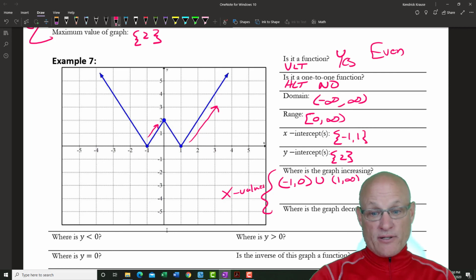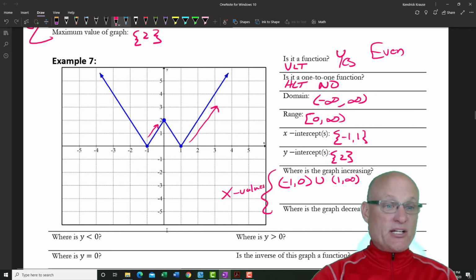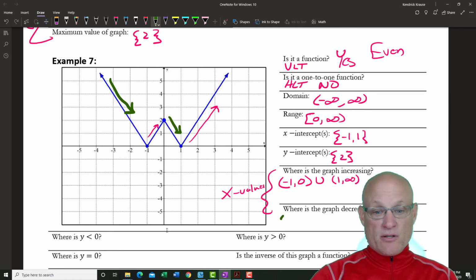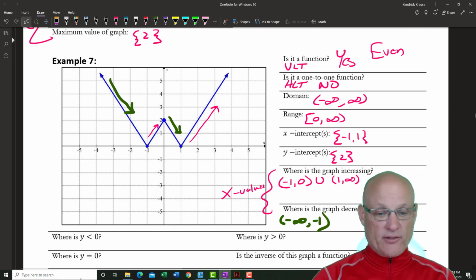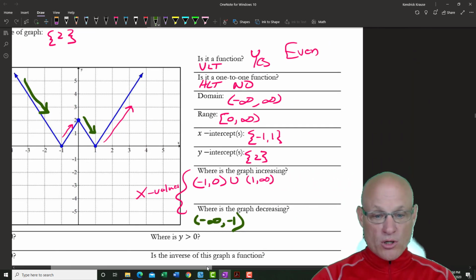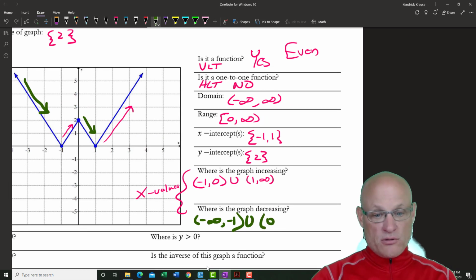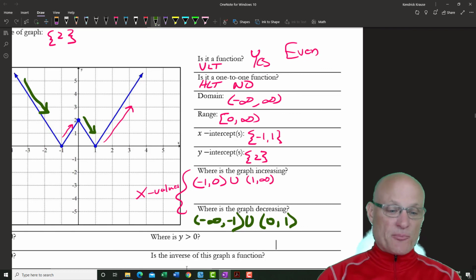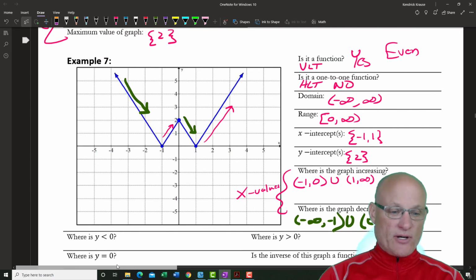Now it's decreasing in this zone, and it's decreasing here. So from negative infinity to negative 1, do not include the endpoints, or from 0 to 1. Okay, anytime it's in two different places, don't forget it's an or.